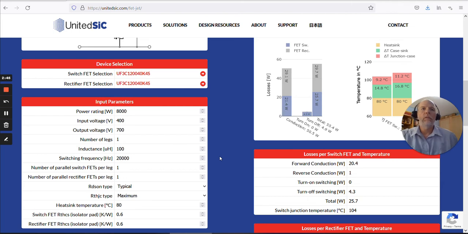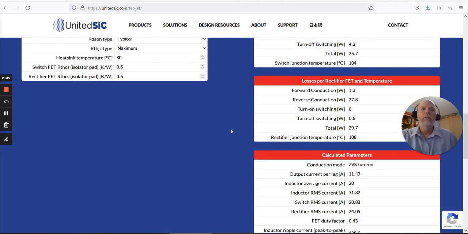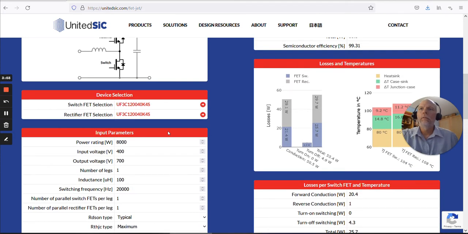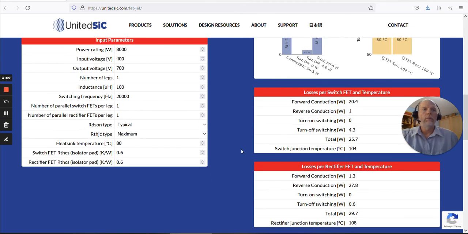Now if we scroll down just a little bit, we can see in this calculated parameters table that it says conduction mode is ZVS turn on, which means that we have negative inductor current when the switch turns on. That results in zero voltage turn on of the switch, and correspondingly you can see that there is no turn on loss in that switch.